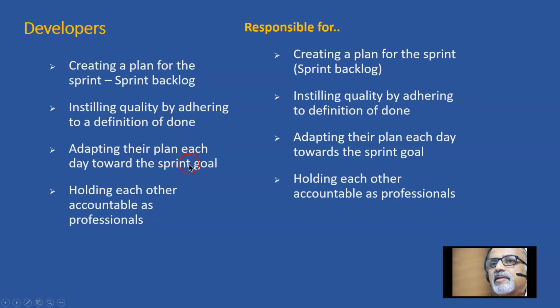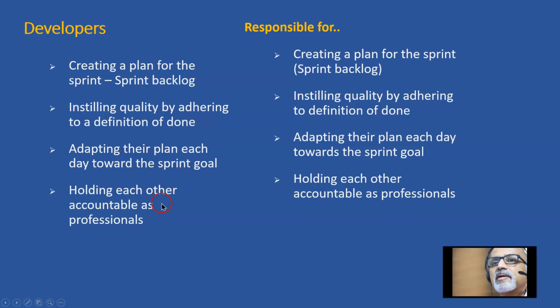Adapting their plan each day toward a sprint goal. For every sprint there is a goal to be achieved. So they keep adapting their plan each day based on the progress made, based on the deviation, based on the lessons they learned. They keep on fine-tuning the plan to accomplish the sprint goal.